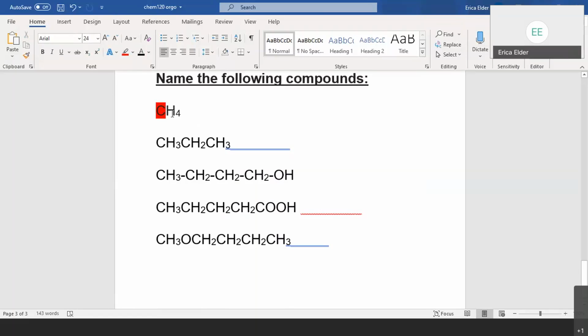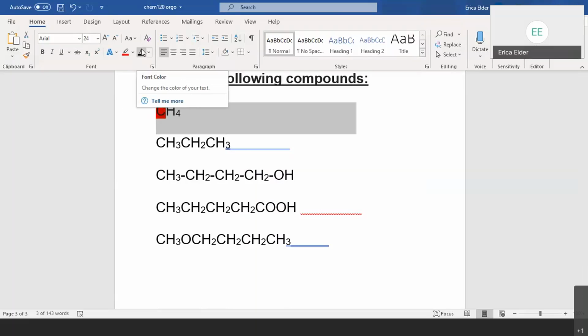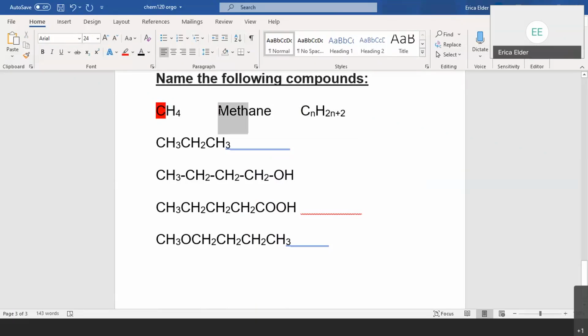So if we have a saturated carbon, that means that every bond the carbon could have would be filled with a hydrogen in this case. So we have a saturated hydrocarbon, which means we have just 1 carbon and full of single bonds. We have meth, which is going to be the associated prefix. And then the ending is going to be ane because we have nothing but single bonds contained within that compound.